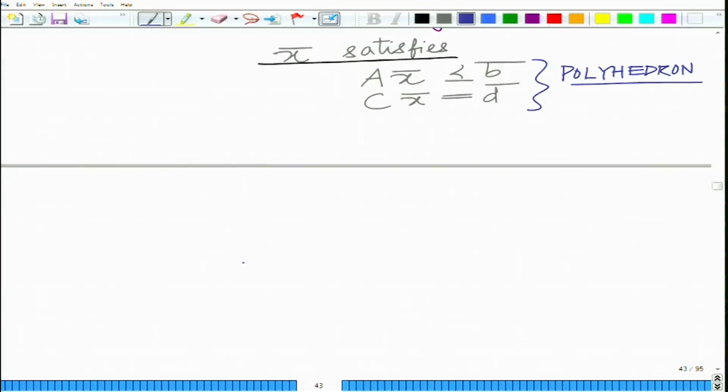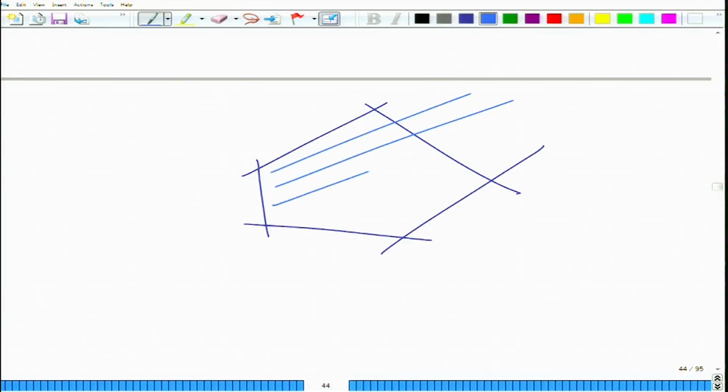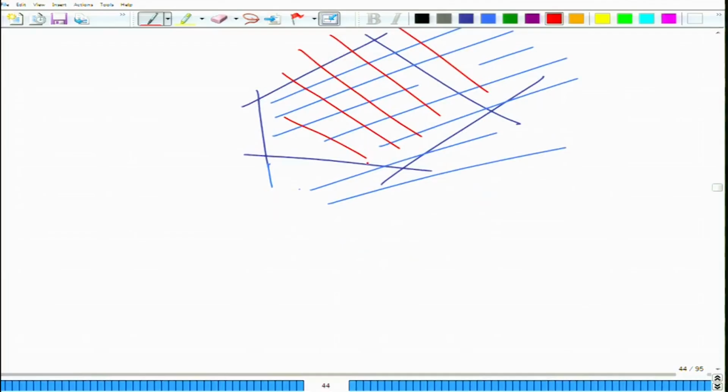So, this can be shown as follows. You can imagine having a large number of half spaces. You can think of this as one half space corresponding to this, and this as another half space corresponding to this, and you can imagine the various half spaces. Now look at the region that lies in the intersection of all these half spaces.